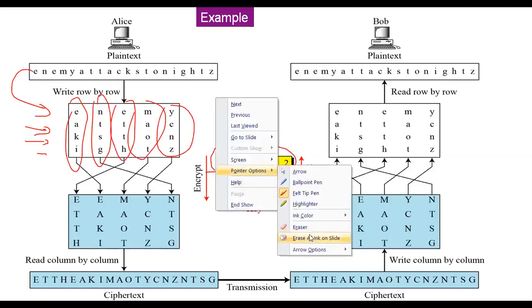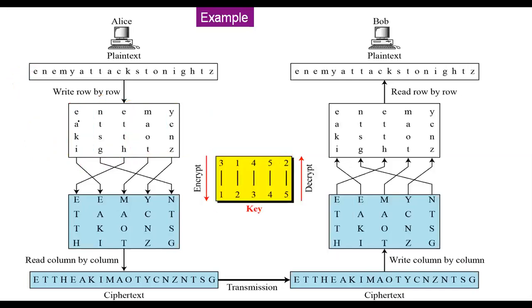So now reorder these columns using this key. What is this key? 31452. That means the first 3 indicates the third column. This is the third column. This can be placed first, as the first column.